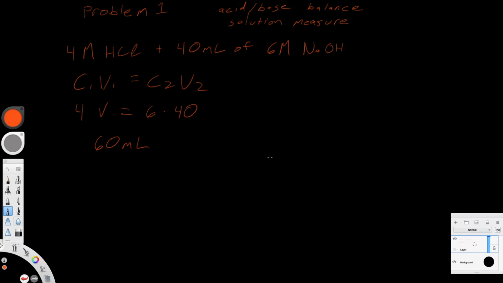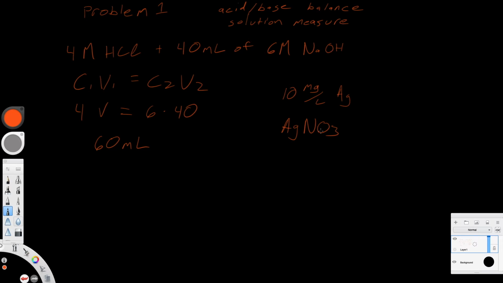Another thing they might try to do is make you use some of the molecular weights. So if they were to say something like, you want to make 10 milligrams per liter silver solution using silver nitrate.